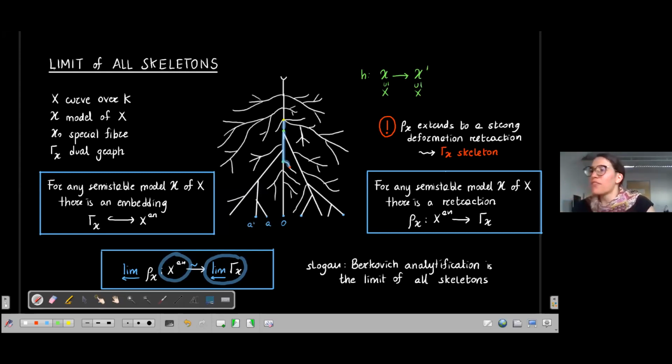Then we have, in the example of the family xy minus t, you said that the dual graph maps to the line segment in the Berkovich space joining the two points. First remark: what was the variety that we were studying?